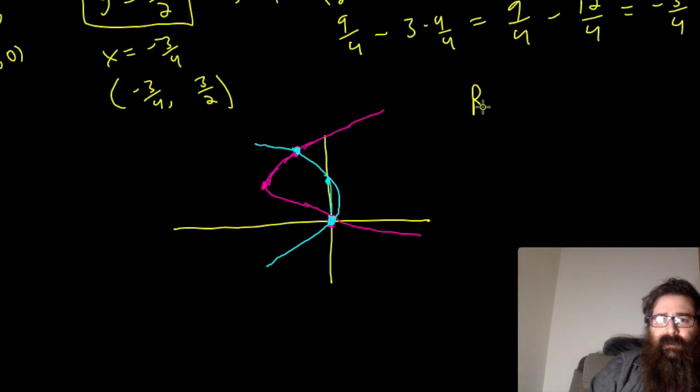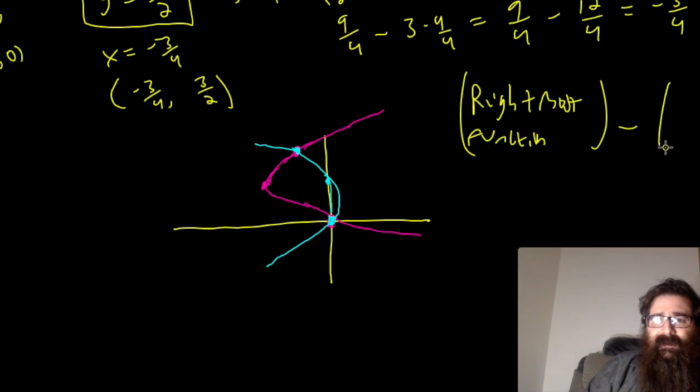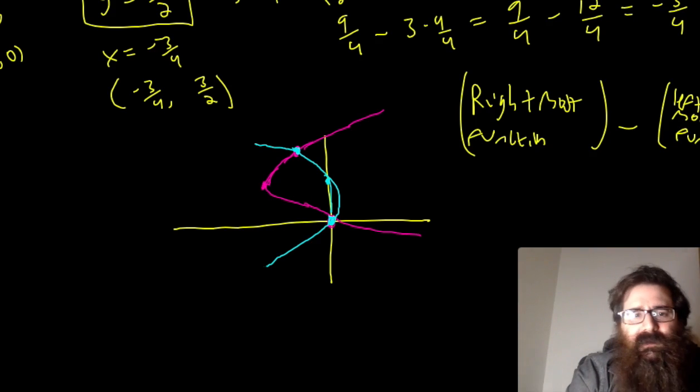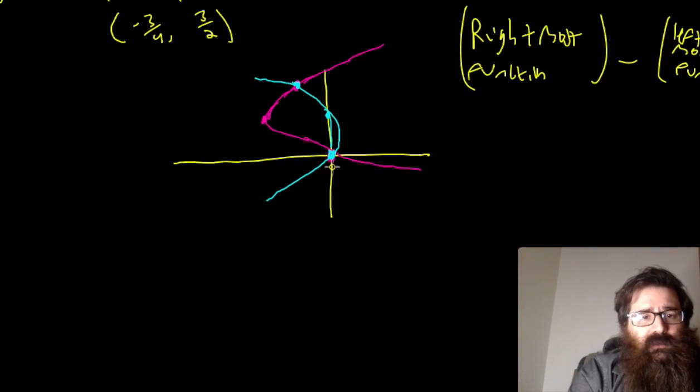So here we want the rightmost function minus the leftmost function. Gives us a different way to think about upper minus lower. The function that pushes out to the right is going to be the upper function. We think about this switched like this.